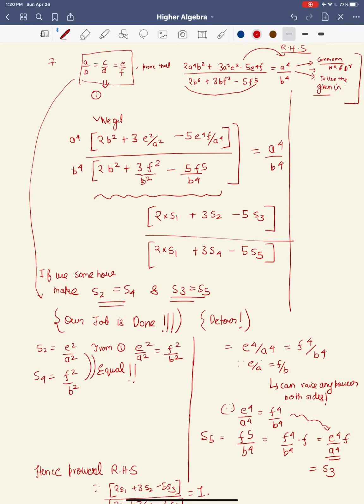So when you are stuck in problems, you should check whether you have used the given info properly or not.